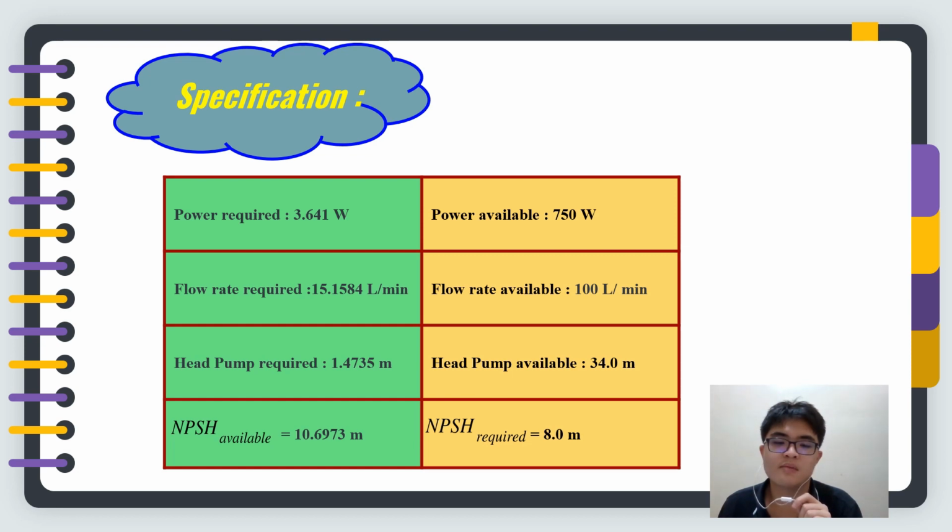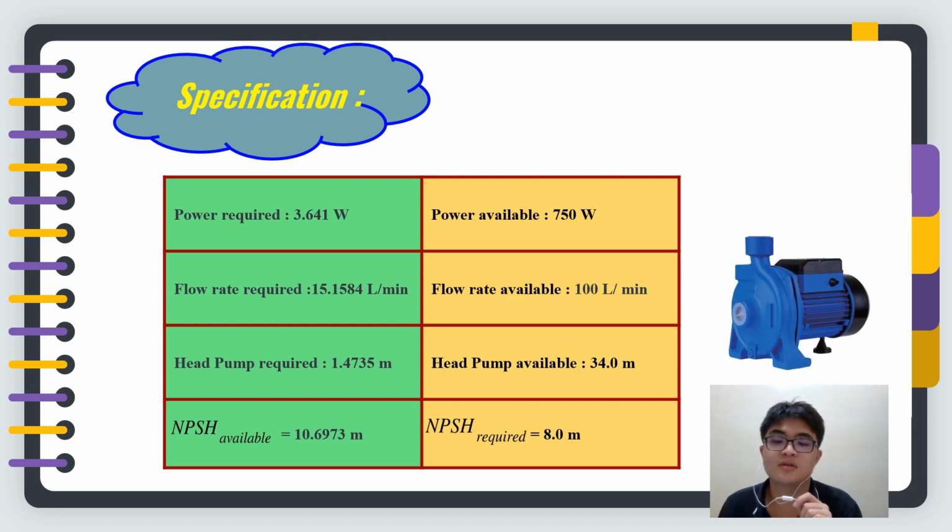So the NPSH required by the pump that we choose must be lower than that. For the SCM75, the NPSH required value is lower than the calculated one. So that's the reason why our group chose the SCM75 pump as our final decision.